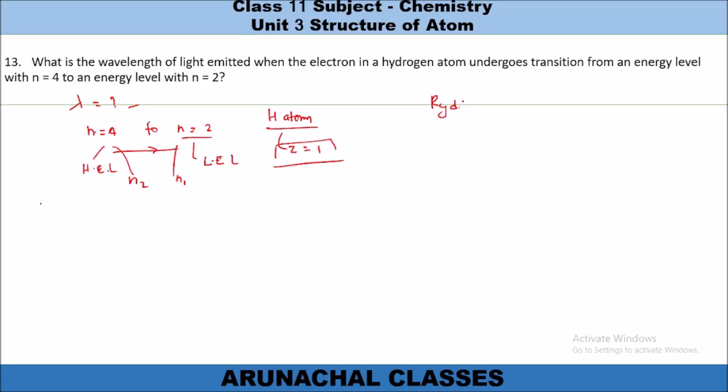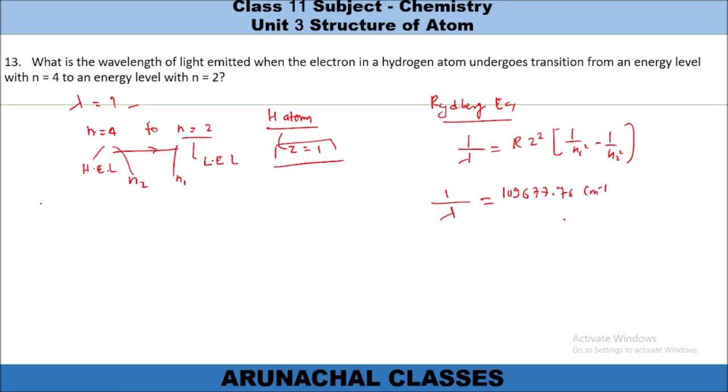We have the Rydberg equation as 1 upon λ, the reciprocal of wavelength, equal to RZ²[1/n₁² − 1/n₂²]. Here λ is the wavelength we have to find. As per the question, the R value is the Rydberg constant, 109,677.76 cm^-1.